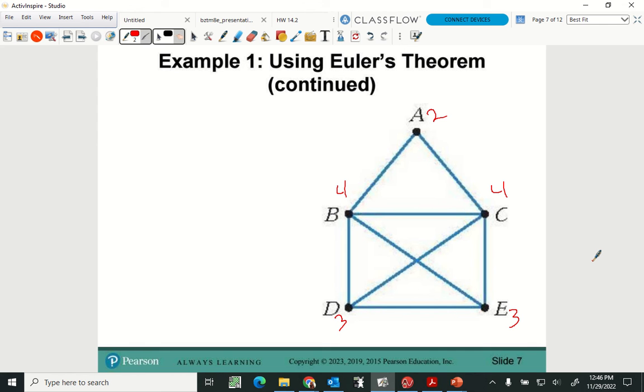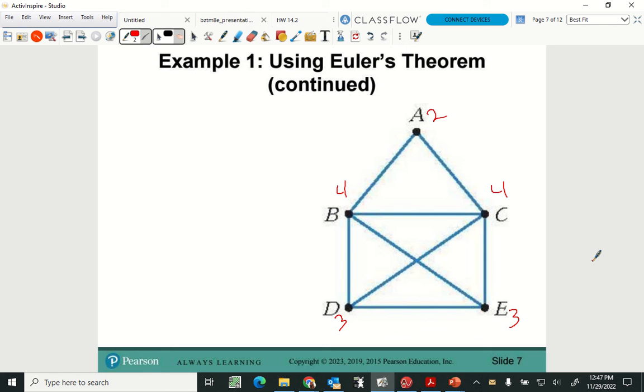Now, I have to look back at what I had on that last slide. Do I have odd vertices? Yes. How many odd vertices do I have? I have exactly 2. So which one does that fit the criteria of? Not a circuit. Yes, path but not a circuit.